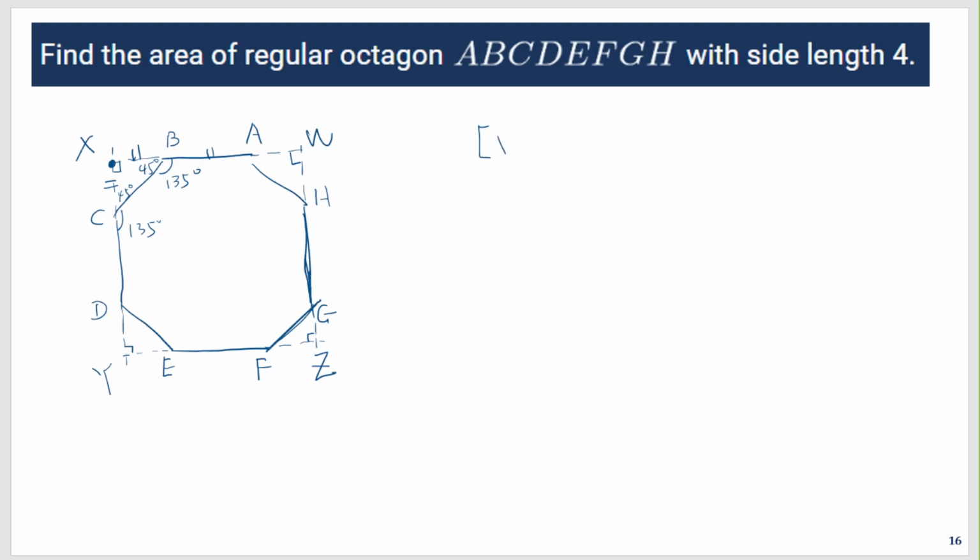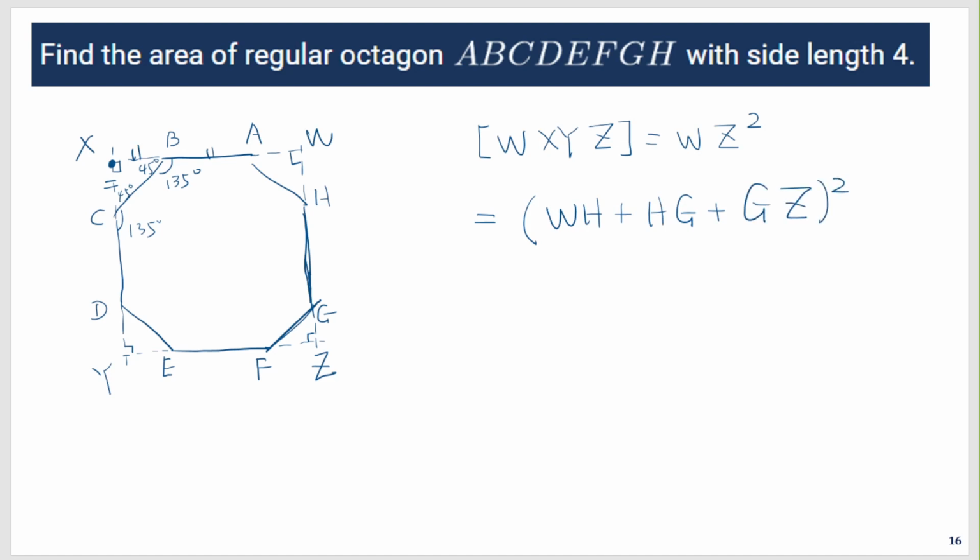And then we know the area of WXYZ is actually WZ squared, right? Can you find WZ? Of course, we can find that. That equals WH plus HG plus GZ, squared. And we know that HG is 4.